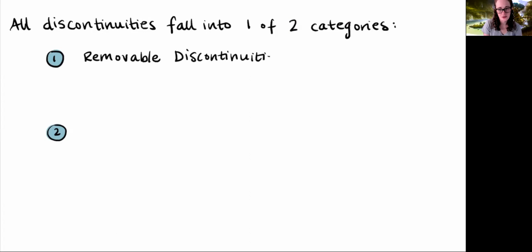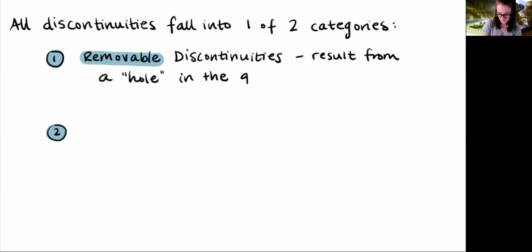Removable discontinuities. We kind of used this word in the past when we were talking about limits and finding 0 over 0 and kind of removing a hole. So that's exactly what we mean when we describe a removable discontinuity. So these result from a hole in the graph, and they can be, quote unquote, removed or filled in using algebra.